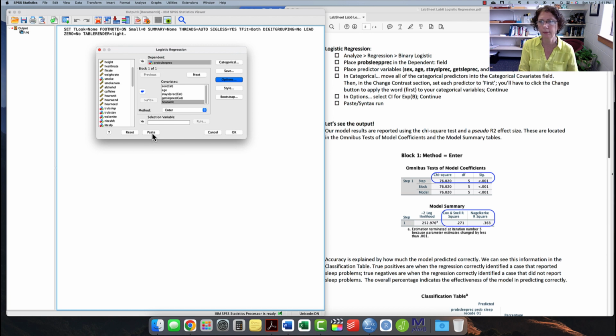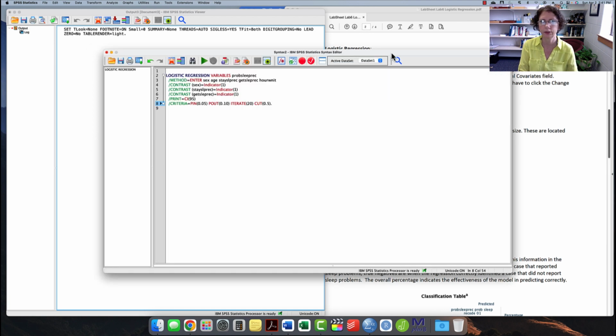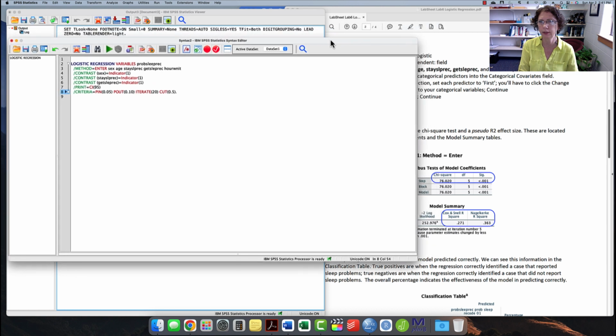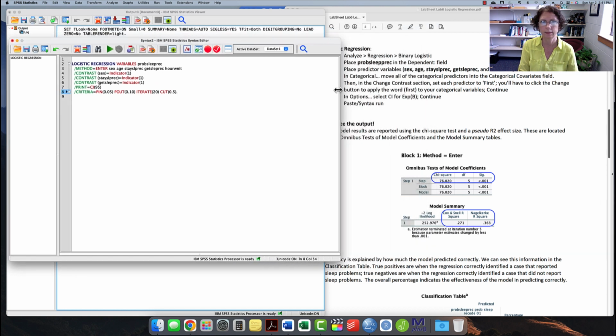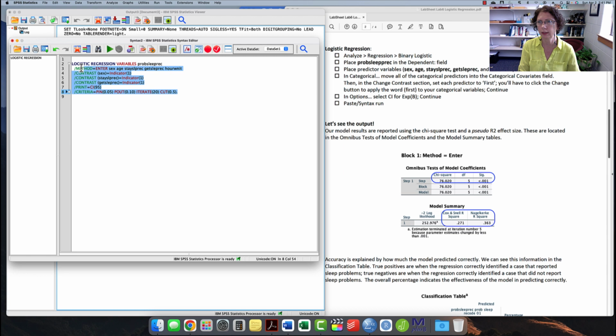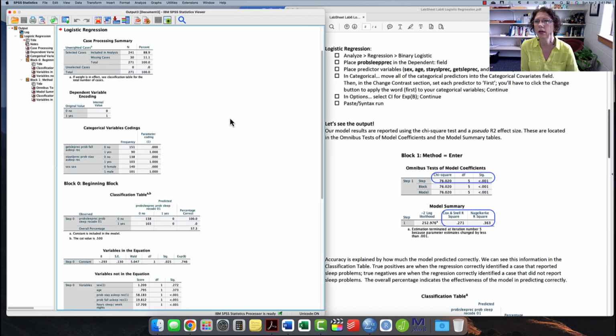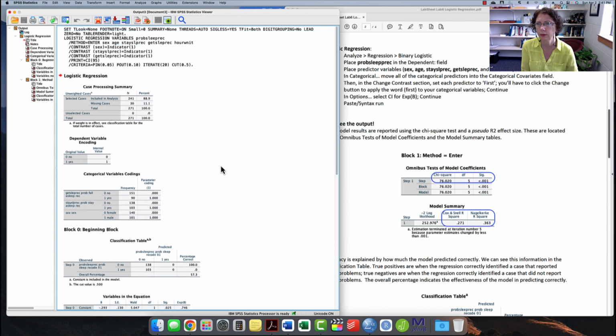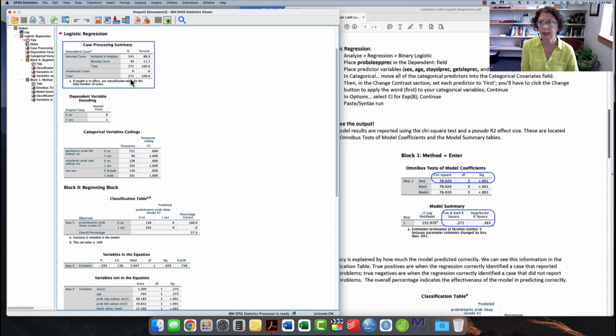All right, we can paste, which gets us the syntax window, and run this. All right, let's take a look at what we have here. We have that 241 cases were in the analysis.